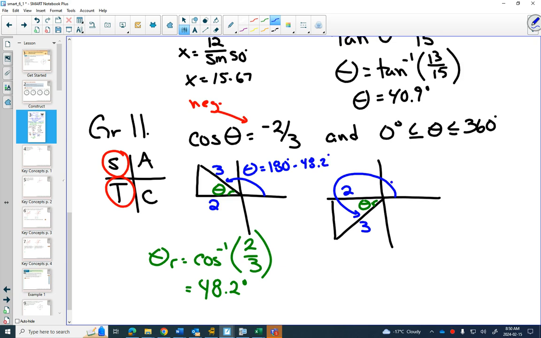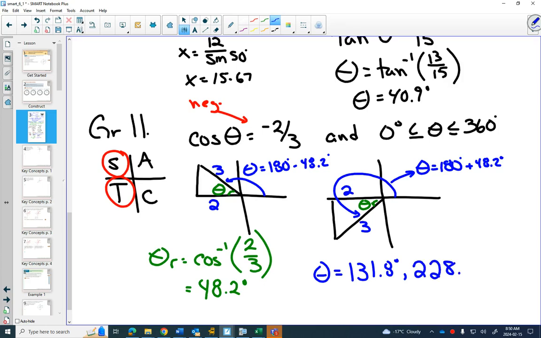And in quadrant 3, my angle will be 180 degrees would get me halfway, and then I would have to add my reference. So my actual answer for this question is that theta is equal to, here we're going to get 131.8 degrees. And here we're going to get 228.2 degrees.